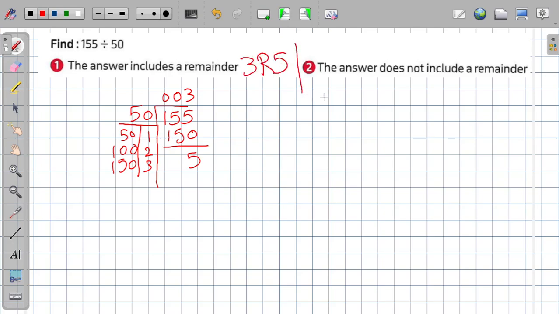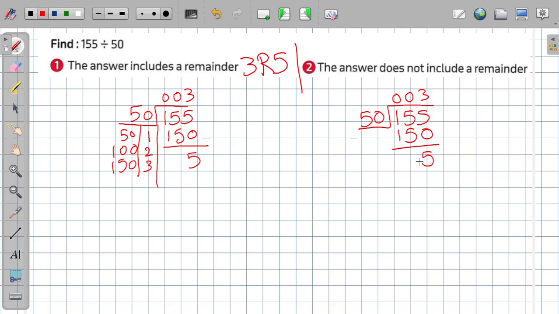Okay, but now I don't want the answer to include a remainder. So what can I do? Let's repeat it again. So I have 1, 5, 5 divided by 50. So I will repeat the steps again. So I have 0, 0, 3, and 150, and the remainder will be 5.